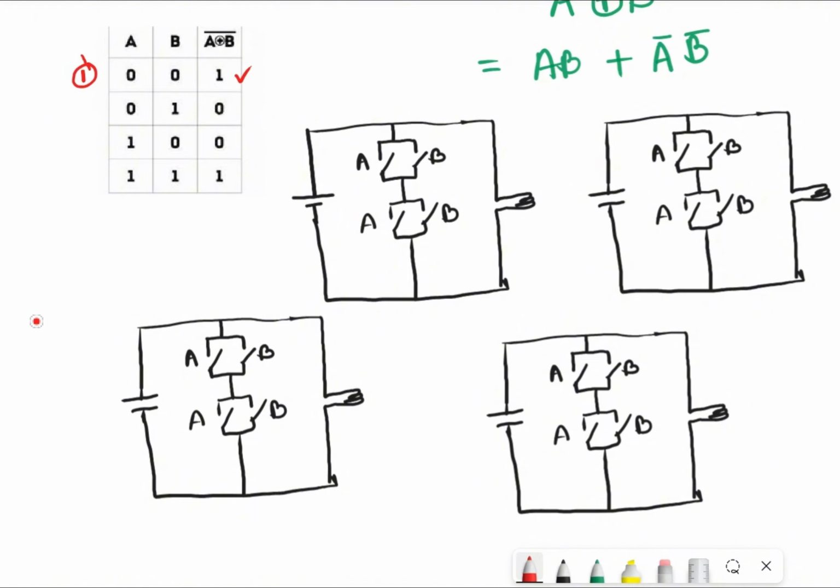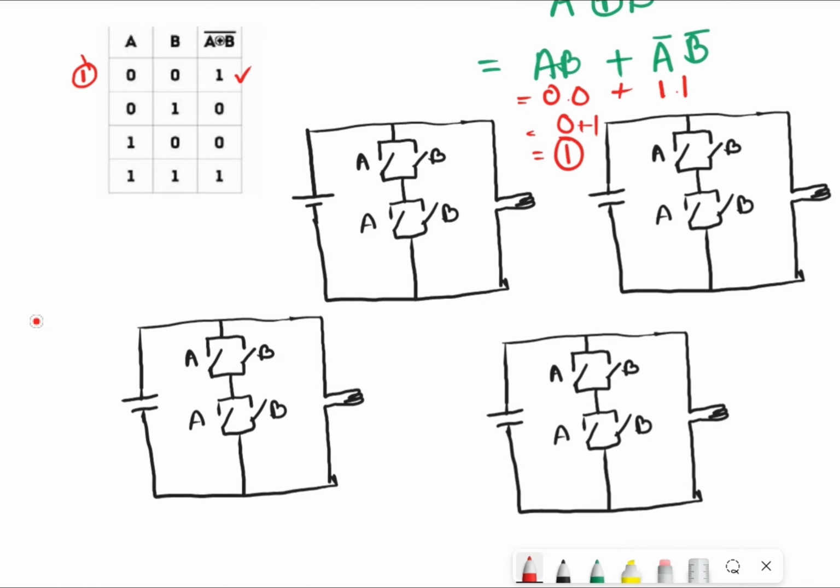Let's try this one. A is 0 and B is 0, so this will be 0, and here A is 0 means 1 and B is 0, so B prime means it is 1, so 0 plus 1 is equal to 1, so output is 1, right?